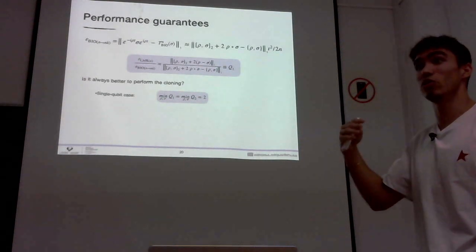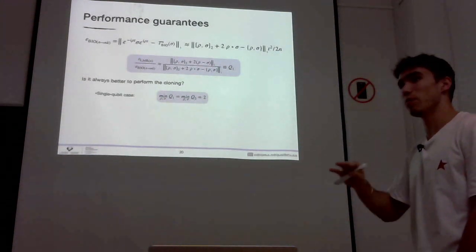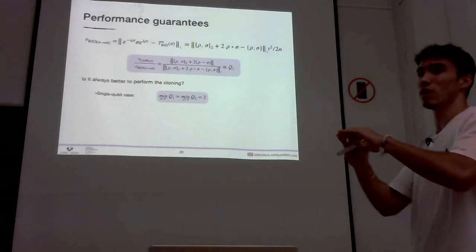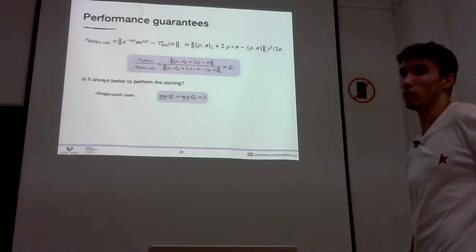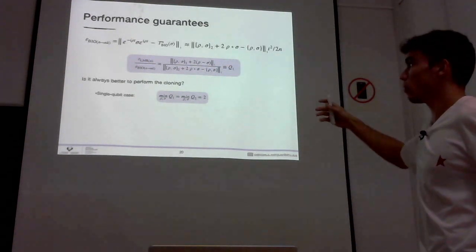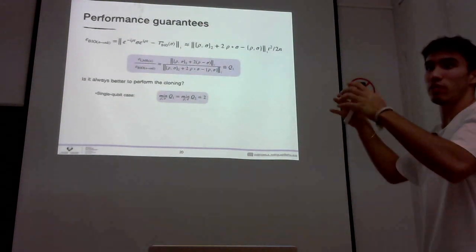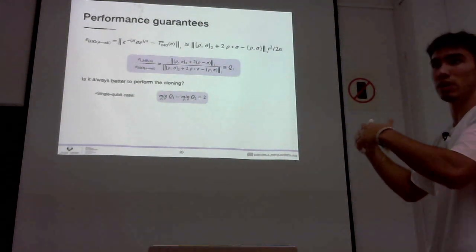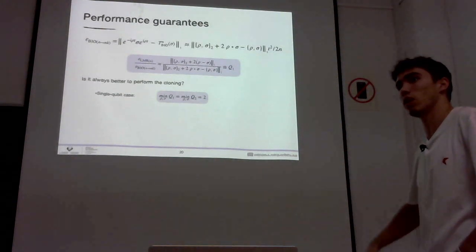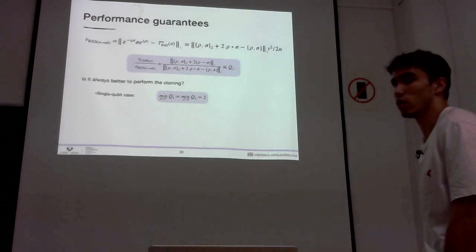If you consider cloning 2 qubits, you also have a very bad scaling. So this result is only optimal for a single qubit. Here we want to grow the size of the system and create many copies, so it makes no sense to consider this cloning machine in this case.